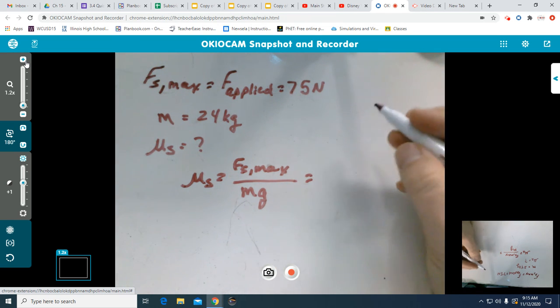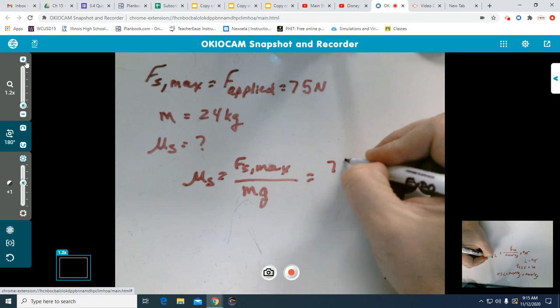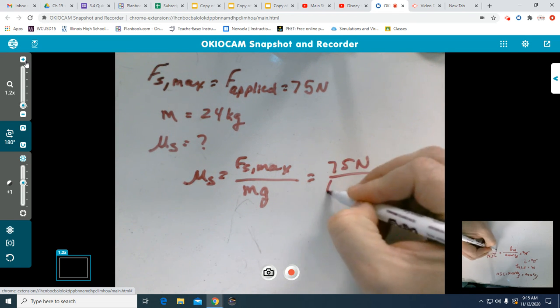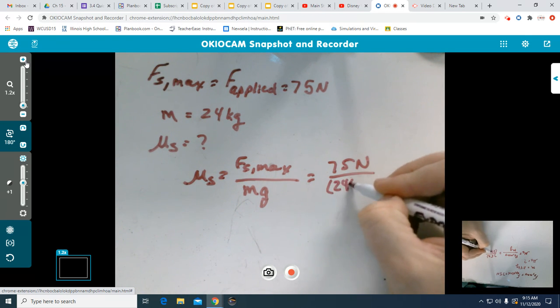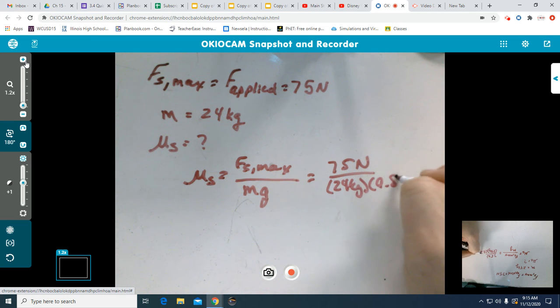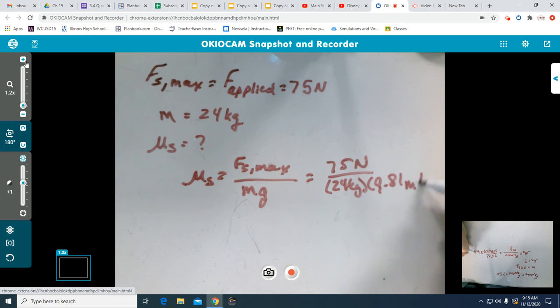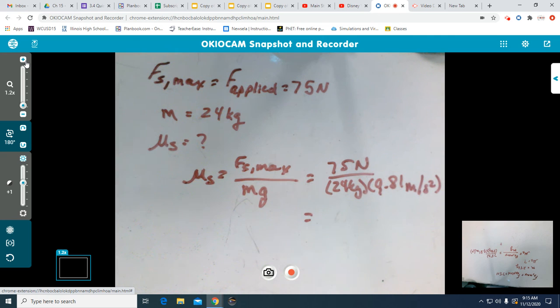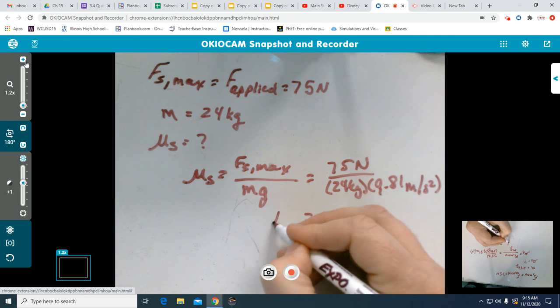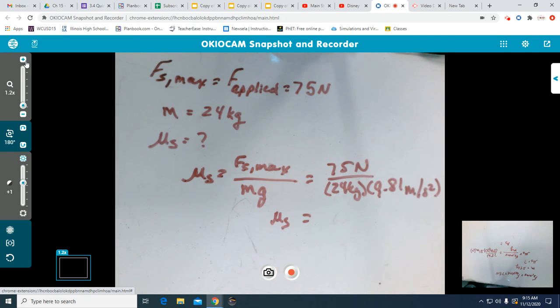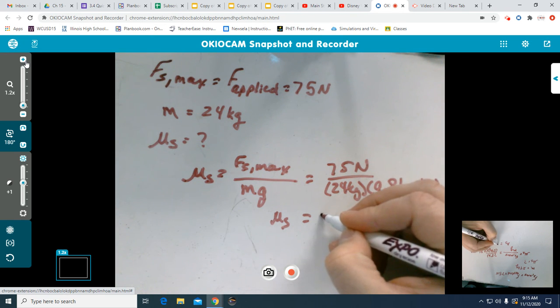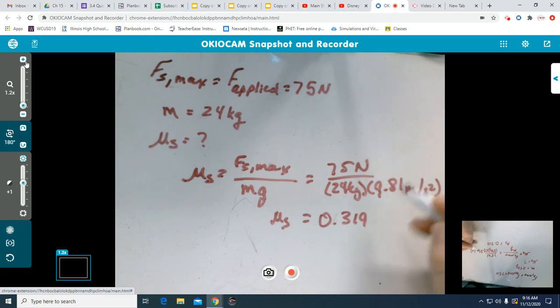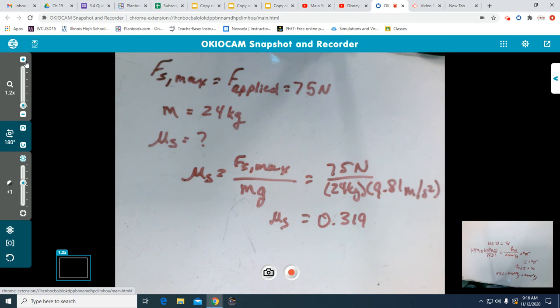So we get 75 newtons divided by 24 kilograms times 9.81 meters per second squared. What do we get for our coefficient of static friction? And there's no unit, so that's all you have to do.